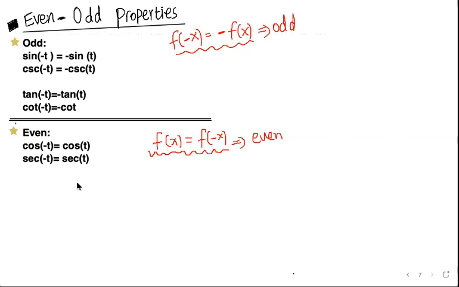Secant of minus t equals secant of t. Now it's good. And here the minus is for sine, cosecant, tan, and cotangent.